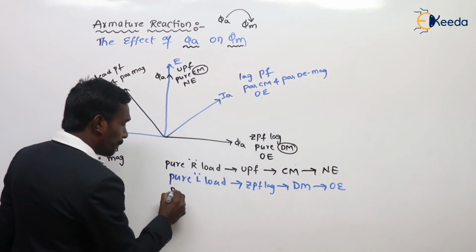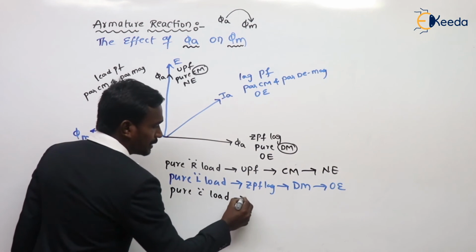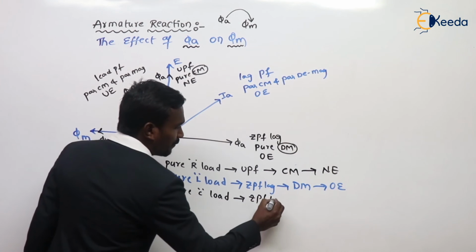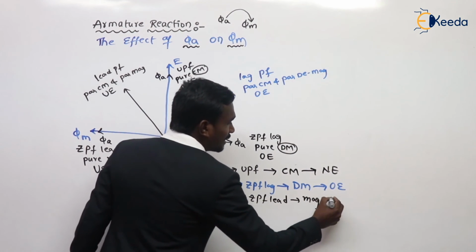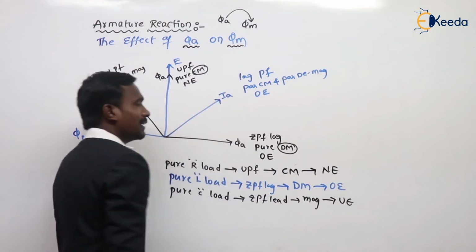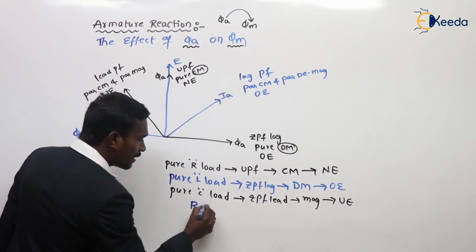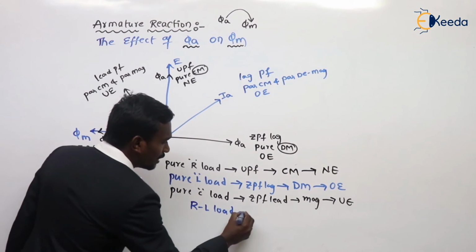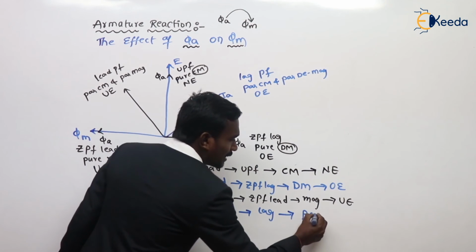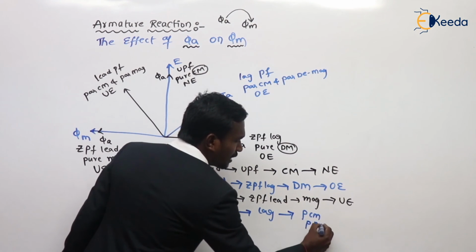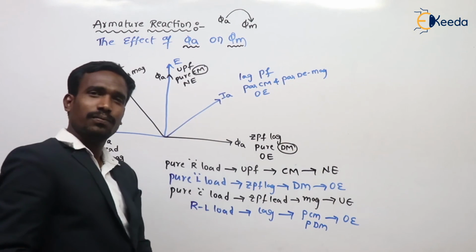Next, pure capacitive load: zero power factor leading, exactly magnetization, under excitation. And next, RL load: lagging power factor, partially cross magnetization, partially demagnetization. This is again over excitation.